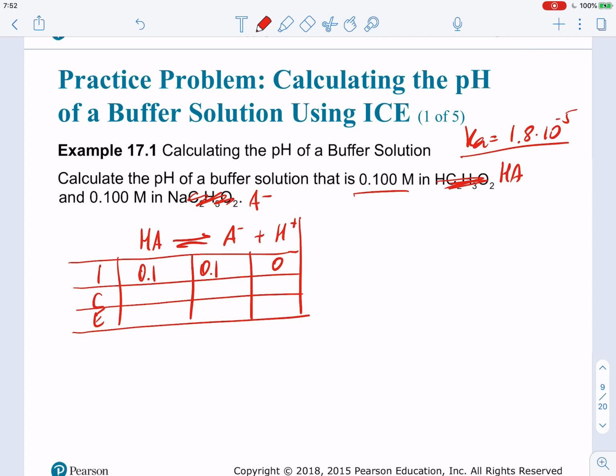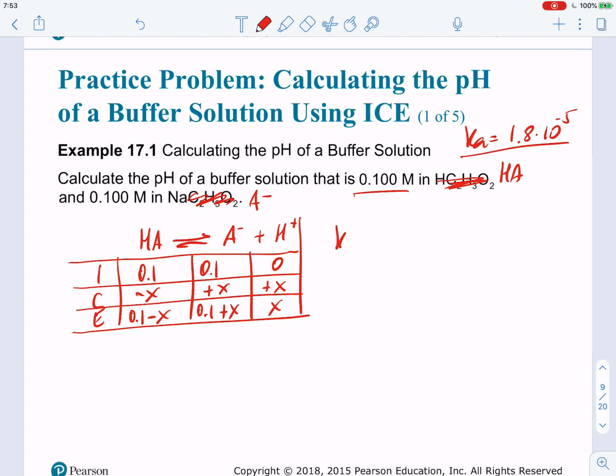So the concentration of H plus is 0, so the equilibrium will respond to generate more of that H plus, therefore the change for the acid is minus X. The change for the base, based on the position on the equilibrium, is going to be plus X. And then the change for the H plus is going to be also plus X. So at the end you will get 0.1 minus X, 0.1 plus X, and X.